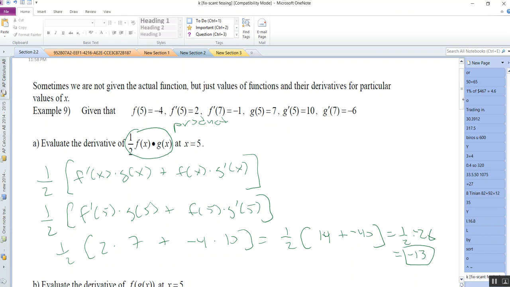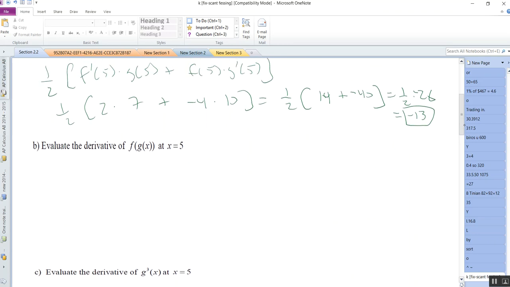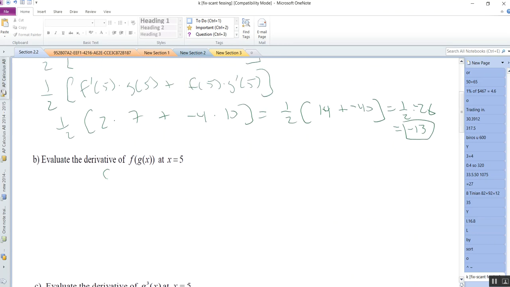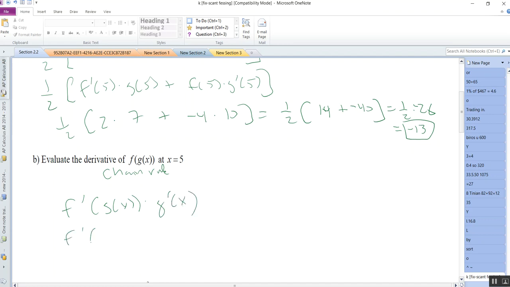Now for part B, you have f of g of x, and that is going to require a chain rule. Here's the reason why. The derivative of a composite function is this, right? That's how we define chain rule. Of course, we're going to plug in 5.